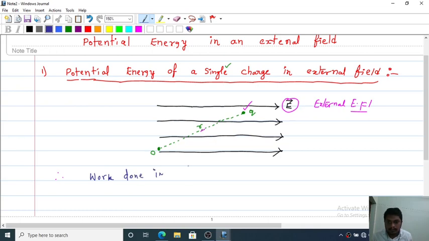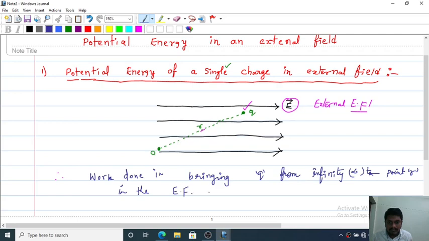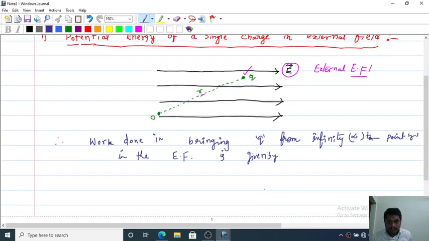Therefore, the work done in bringing q from infinity to point r in the electric field, or external field, is given by, what is the work done?